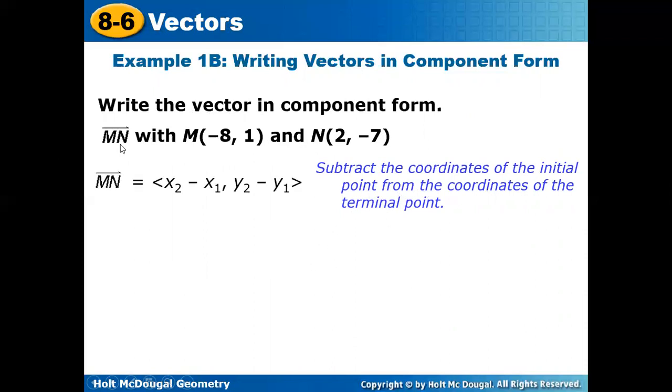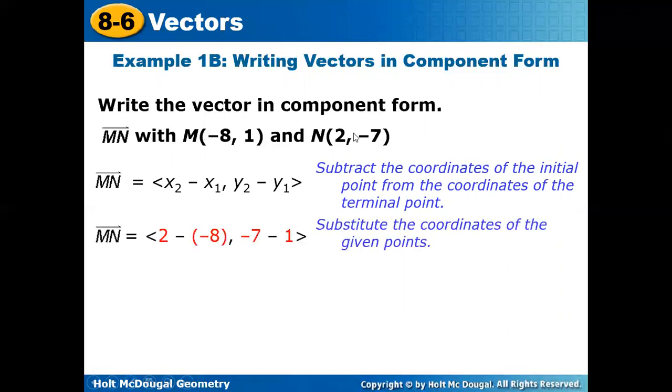Here the terminal point is N, so start with N minus M. So when you have a vector, you can say end minus start, or terminal minus initial. So we have here 2 minus -8 and -7 minus 1. Simplify it, you will find the component form of the vector MN as 10 and -8.